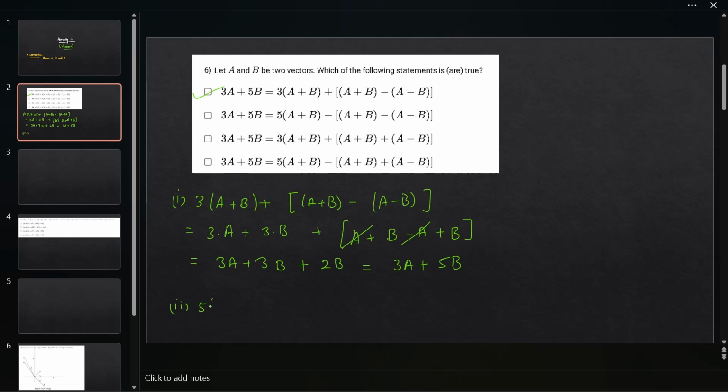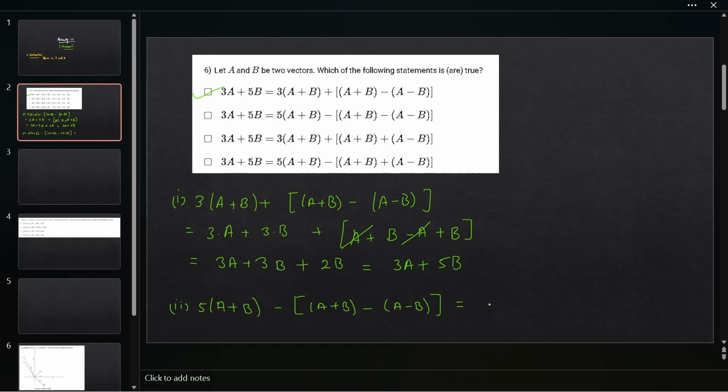Now, let's analyze option 2. In option 2, we have 5 times (A plus B) minus (A plus B) minus (A minus B).